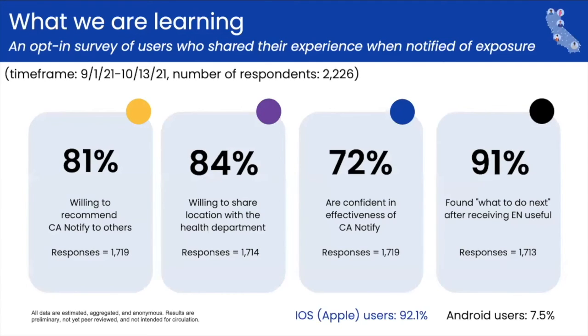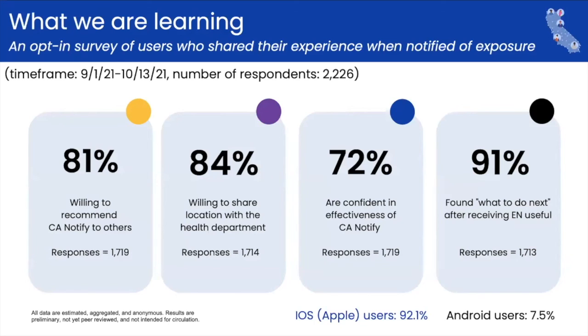We continue to engage with the people of California. So when they get an EN, they are able to go to the website and answer a survey. And what we're learning is that 81% are willing to recommend CA Notify to others. 84% are willing to share their location, which is something that we really didn't want to have as part of our first iteration, because we were worried that people would think location was just too sensitive.